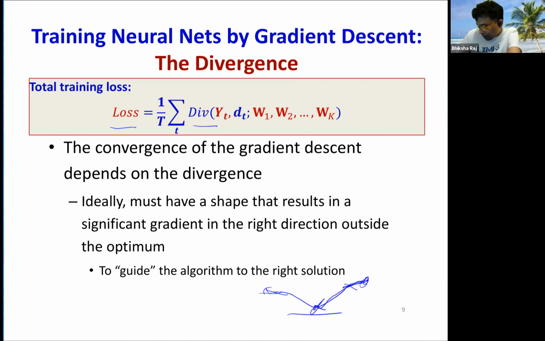And so the divergence must have a shape to guide the algorithm to the right solution. Also, there are specific characteristics we like to see about how the gradient of the divergence behaves as we go away from the minimum.